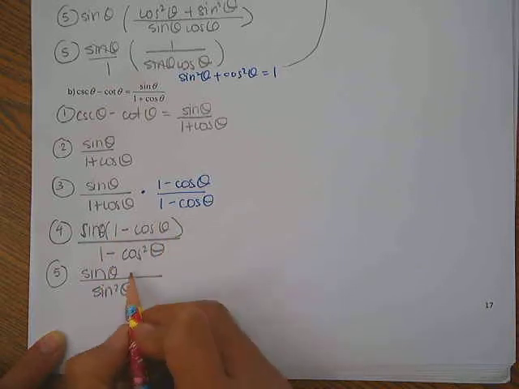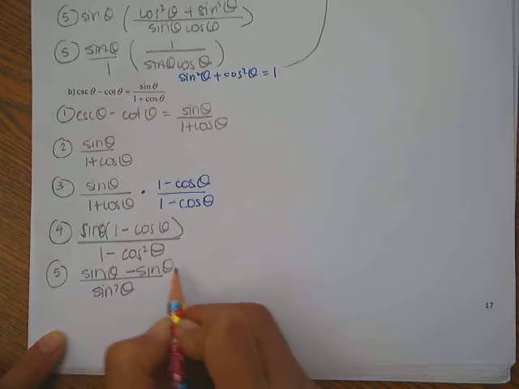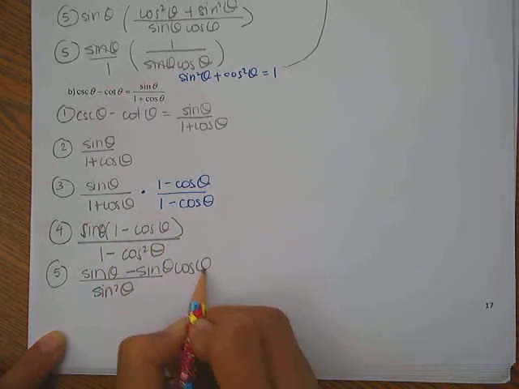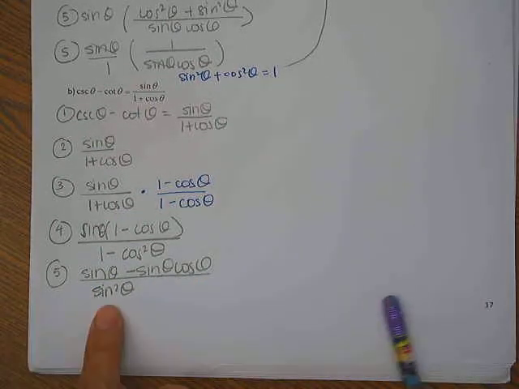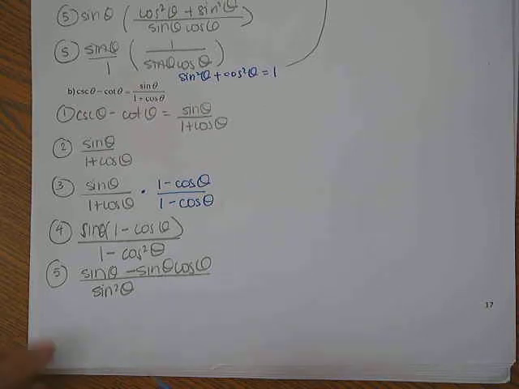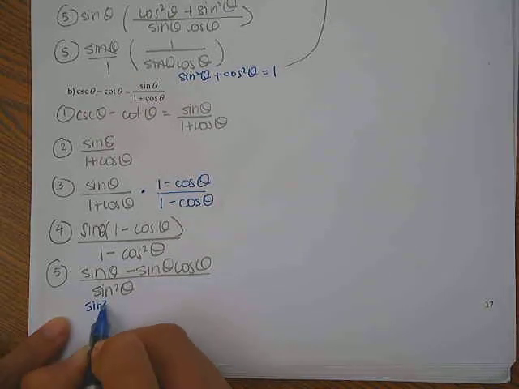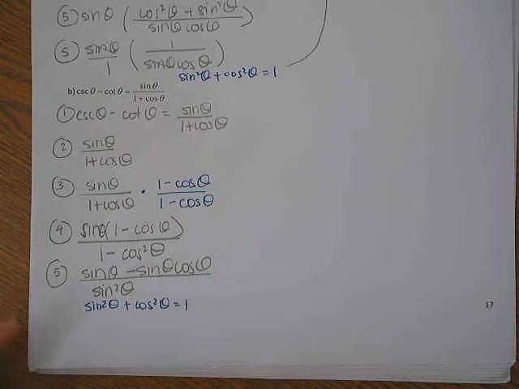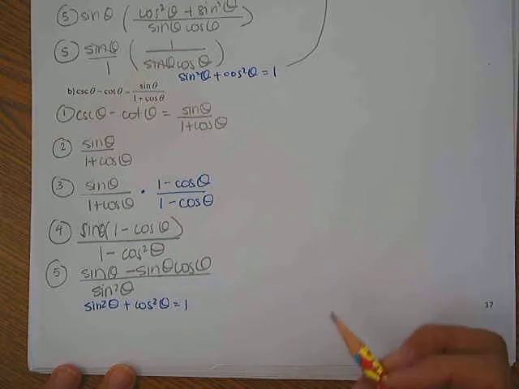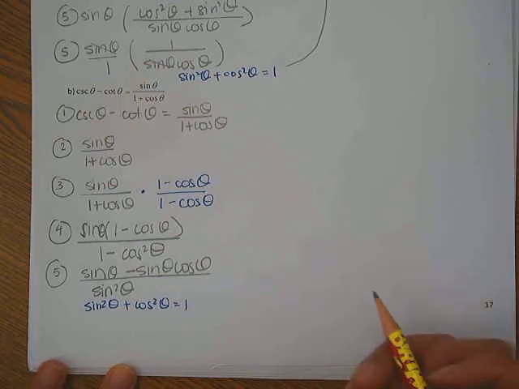Sine of theta times negative cosine of theta is negative sine of theta cosine of theta. Just distributing the sine of theta. Now, how did I get the sine squared of theta there all of a sudden? I'm using my identity, right? Sine squared of theta plus cosine squared of theta equals 1. That's what I'm using.